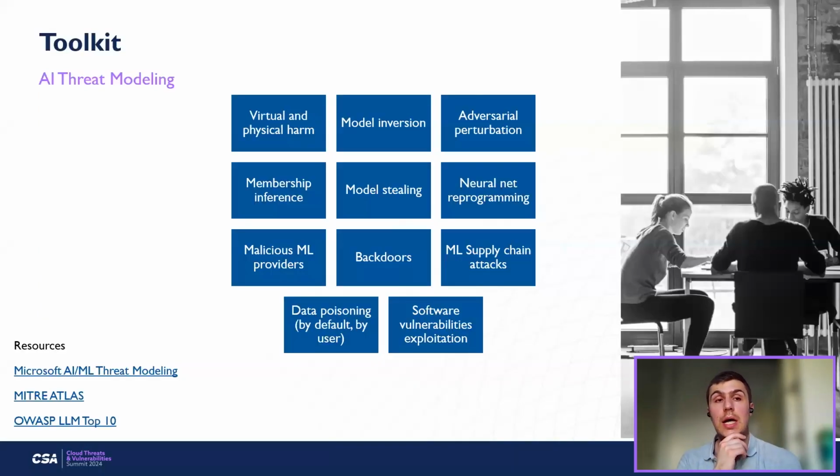Now, it is very important to mention that threat modeling is a big part of secure by design, or enabling security in software development. But there are certain specifics that AI brings. Obviously, there are new techniques and new threat areas, or let's say threat vectors, that should be considered when doing the threat modeling on the system itself.